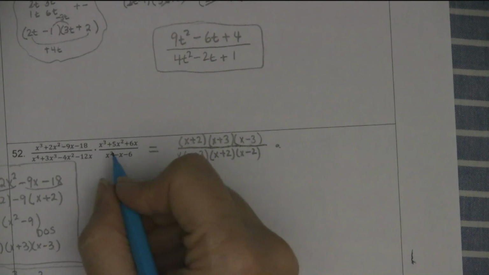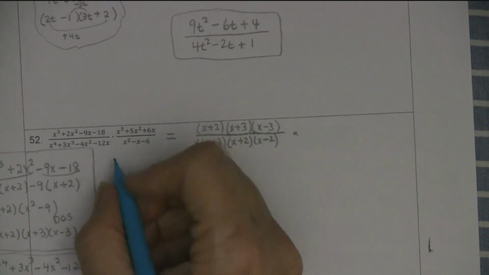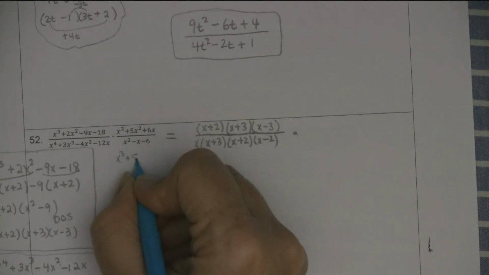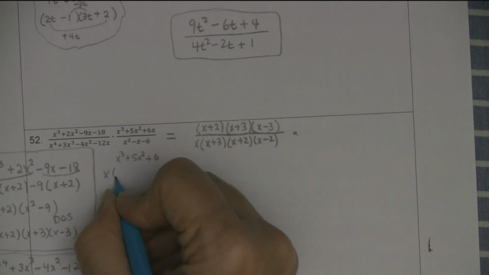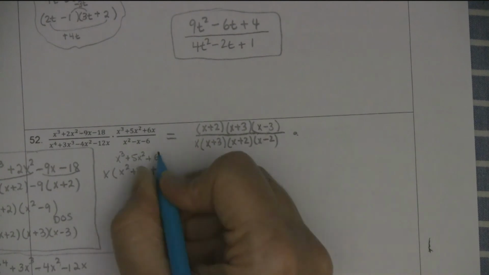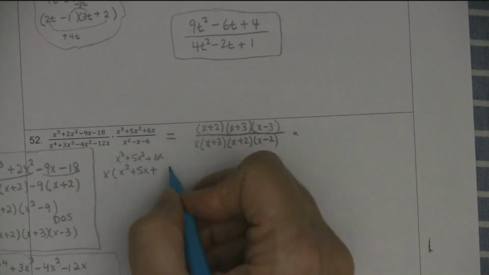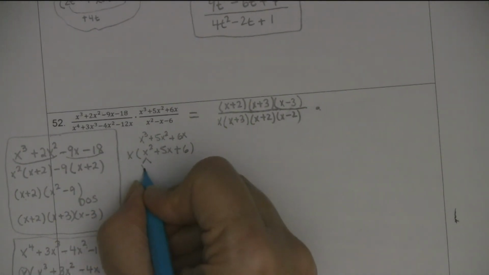So this is my third thing to factor. I'm going to factor this trinomial, and I notice that it has a common factor of x. So x squared plus 5x plus, that was 6x, right? I miscopied it, but I was going good. Okay, and then this is x times x.